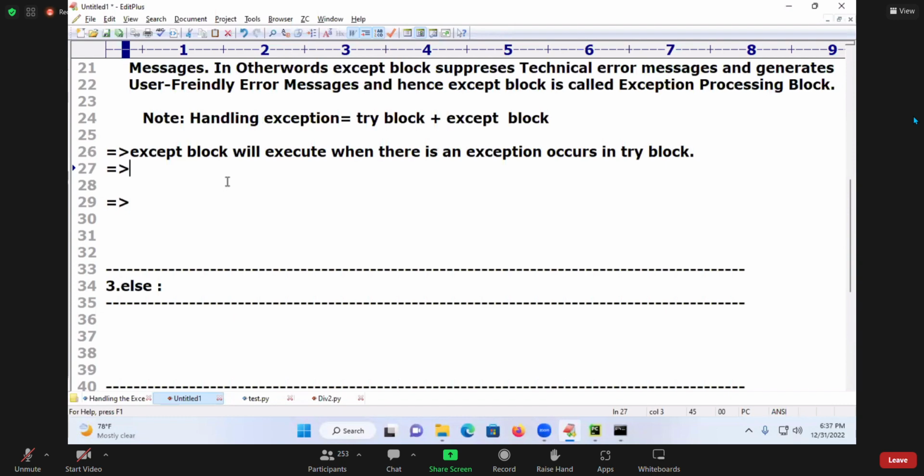Next. How many except blocks can we write? One or multiple? Will all of them execute at a time, or any one of them? See my dear students, now I am writing the code there.